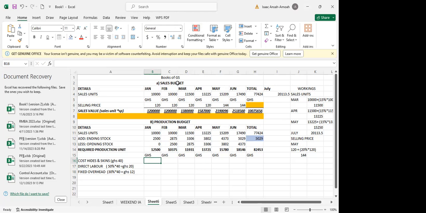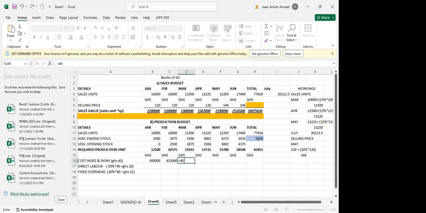Up to June. So let's keep going. So 40 times 12,500 in January. And we come to February, it's 40 by 10,375. If we come to March, it's 40 multiplied by.